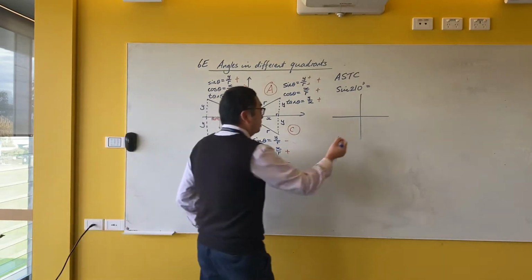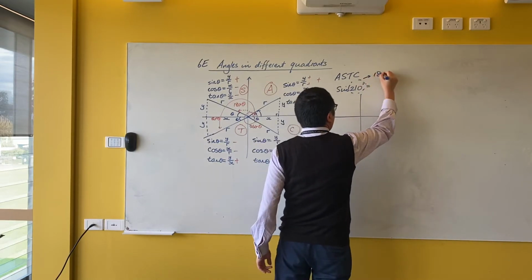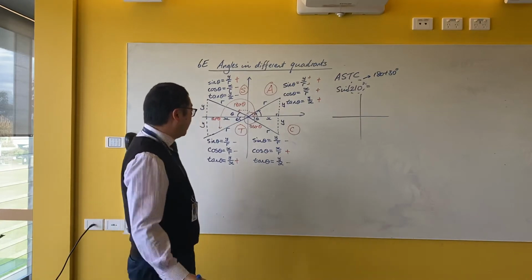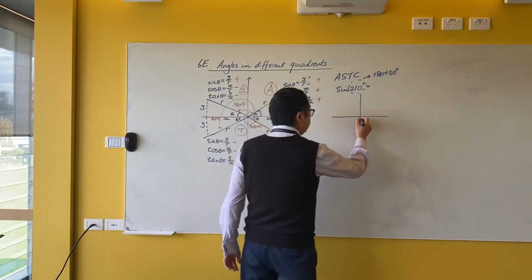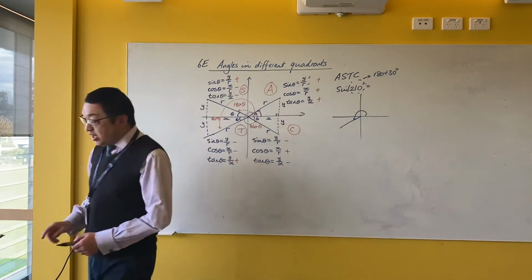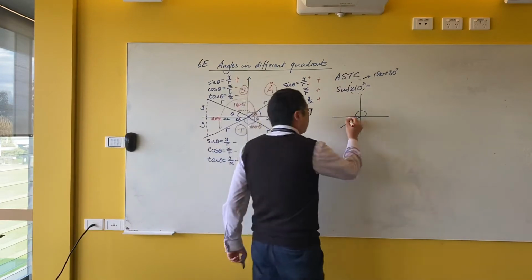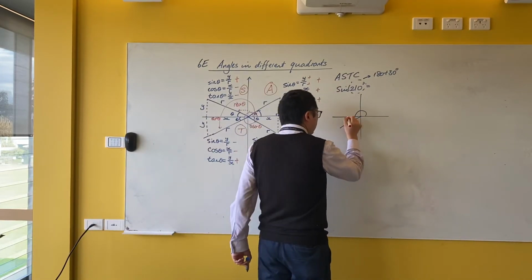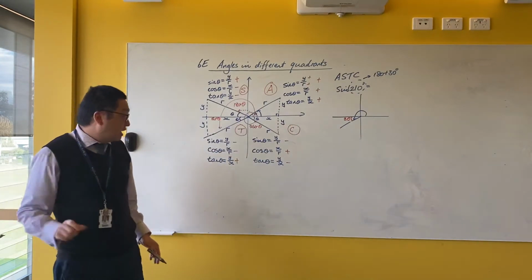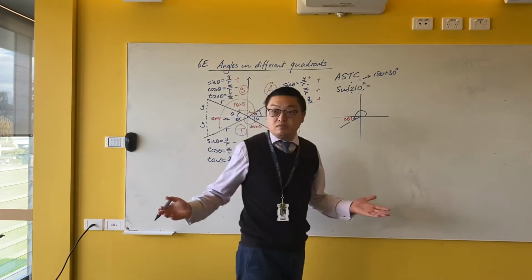Third quadrant, very good. 210 is 180 plus 30, so it's in the third quadrant. But what I'm really interested in is the reference angle, which is 30 degrees here. And sine 30, from memory, is straight away a half. But the angle is located in the third quadrant. That's why it's negative half. Done. Easy? Yeah.